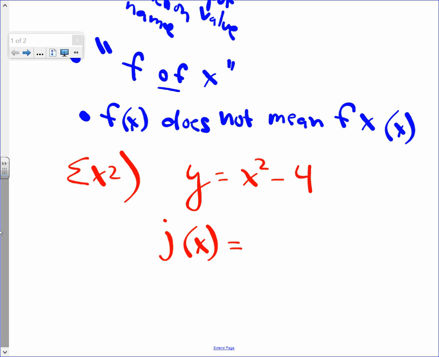J of x equals x squared minus 4. Notice I changed it to function notation. This is the function name. The function is j. This is your input values, and everything else stays the same. The point here is that you don't have to have f for the function name. It could be any letter. J of x.